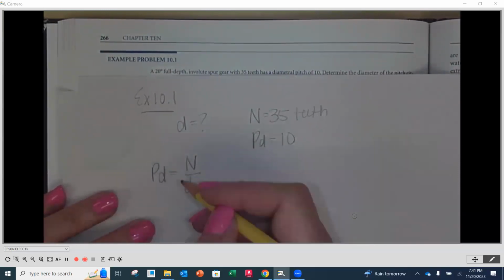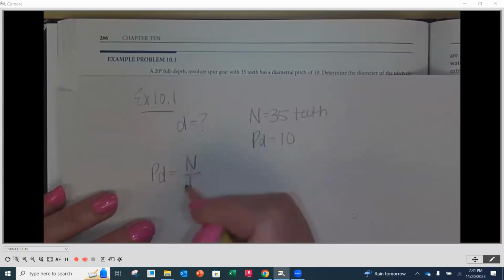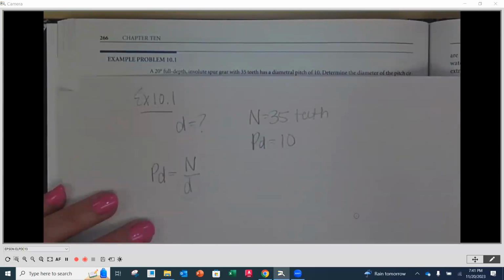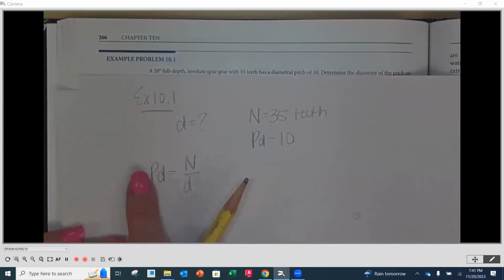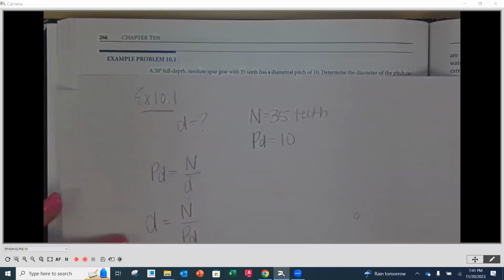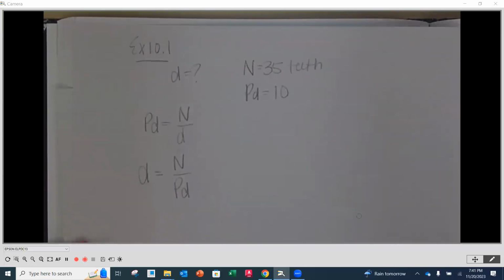So in this case, we just need to rearrange, use our algebra to solve for our lowercase d here. To do that, basically multiply up, and then divide on both sides. So d is going to be equal to number of teeth divided by diametral pitch, right? That's our algebra.